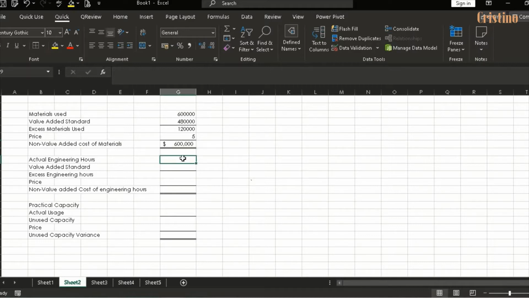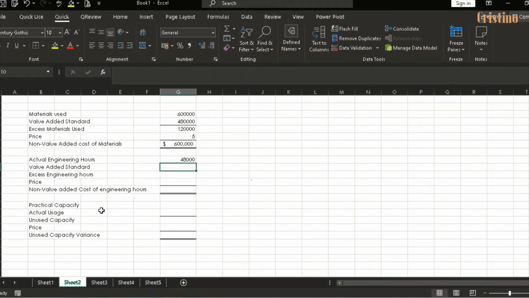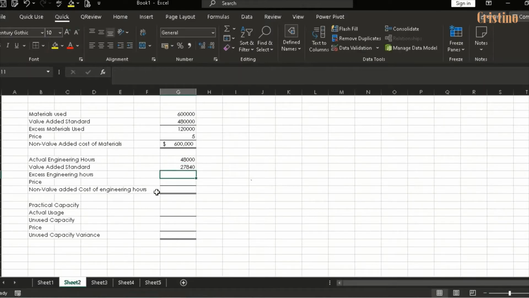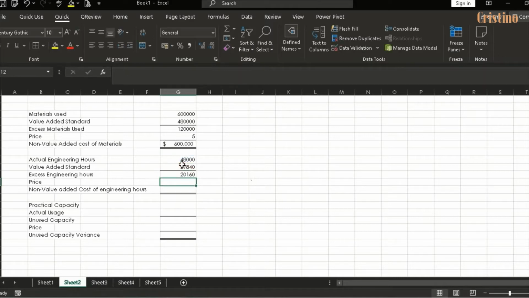To calculate the non-value added cost of engineering hours, we're going to compare the actual cost of engineering hours to the value added standard. The practical capacity for the engineering hours is equal to 48,000. The value added standard, as computed earlier, is 27,840. The excess engineering hours for sustaining engineering is equal to 20,160.